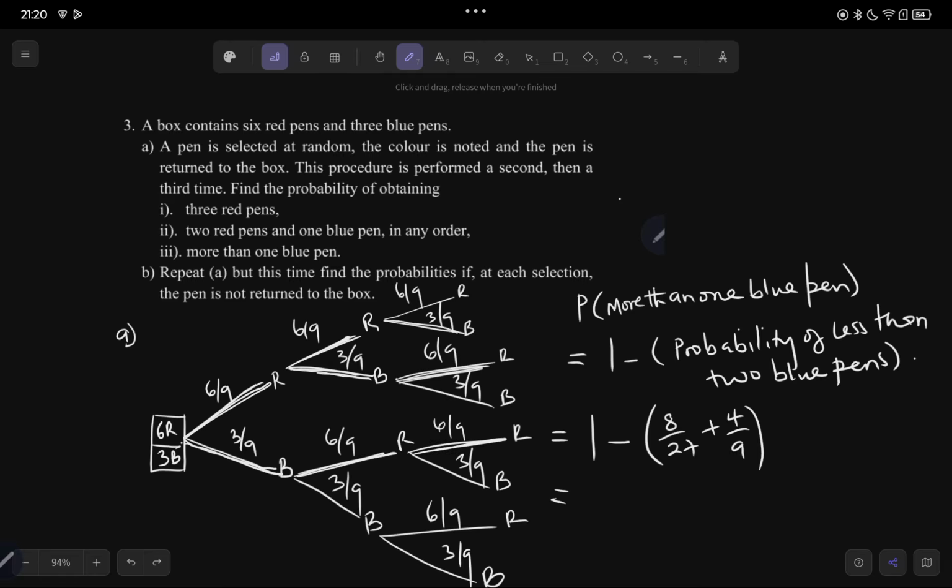So that is the first approach of doing it, using the idea of the complement.